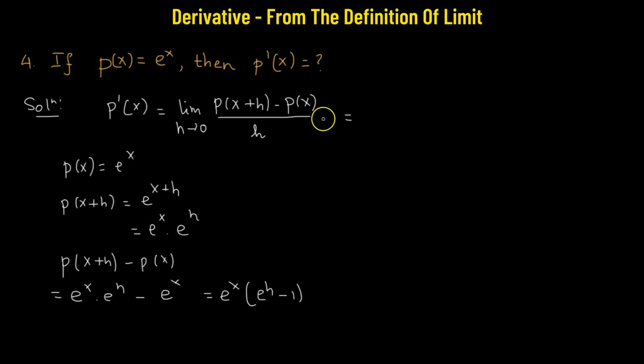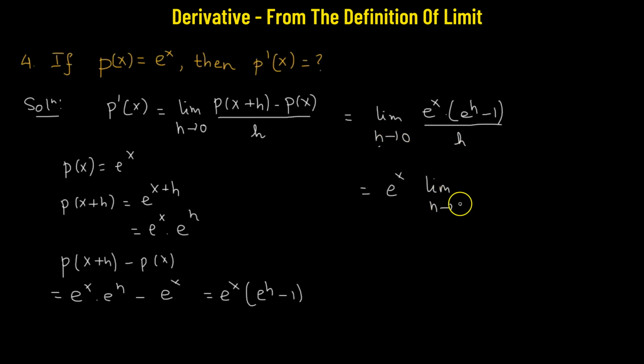So that means our definition now becomes the limit as h approaches 0 of e raised to the power of x times e raised to the power of h minus 1 divided by h. Here we will take out e raised to the power of x, because the limit is only concerned with the value of h tending to 0. So we have e raised to the power of x times the limit as h approaches 0 of e raised to the power of h minus 1, all divided by h.